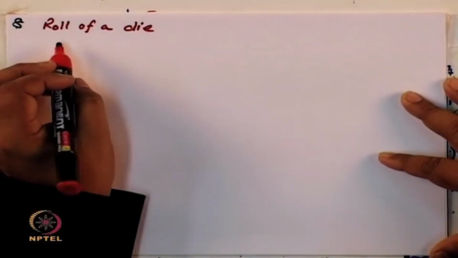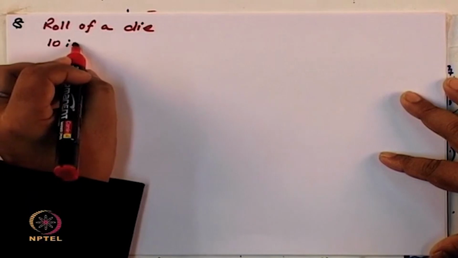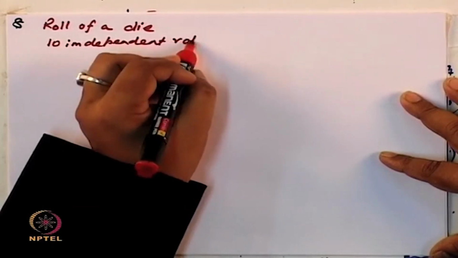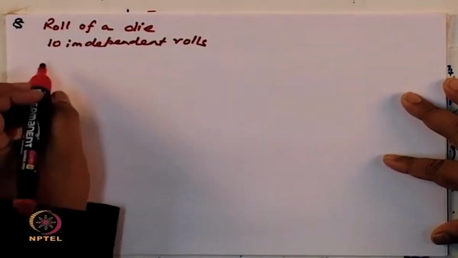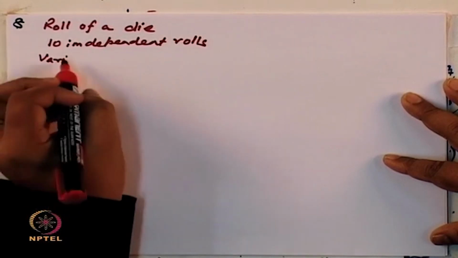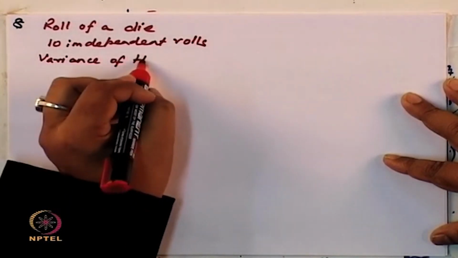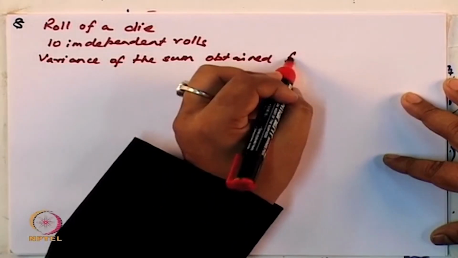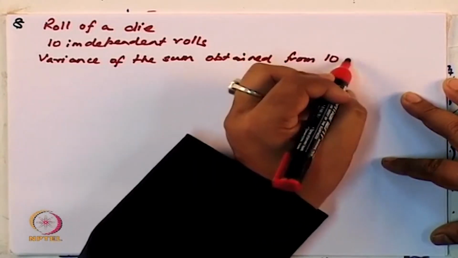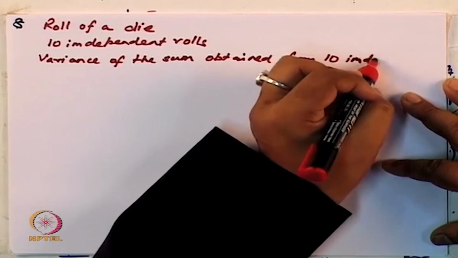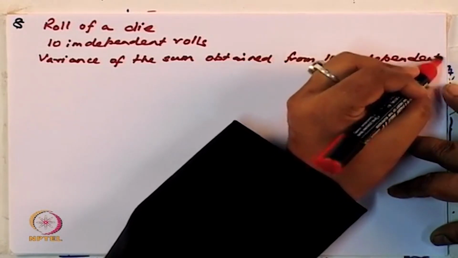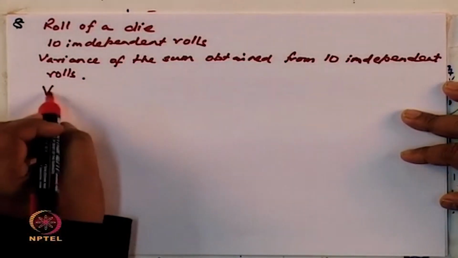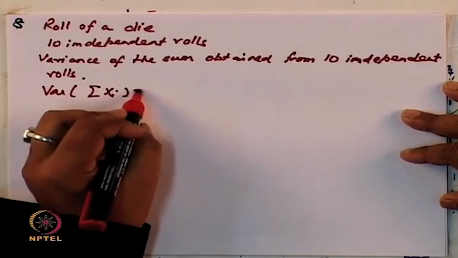And in this case again let us say 10 independent rolls of the die, okay, and you want to know what is the variance of the sum obtained from 10 independent rolls. Okay. So, as in the previous case we can again have the same thing, variance of summation xi is summation variance of xi.